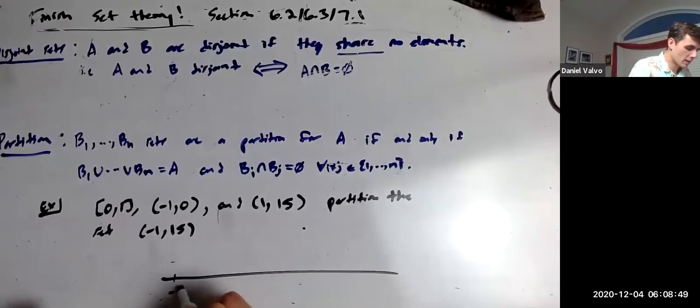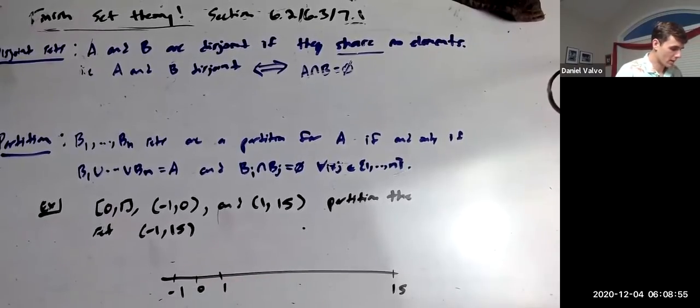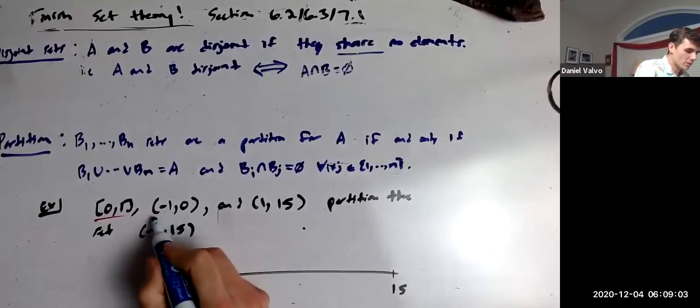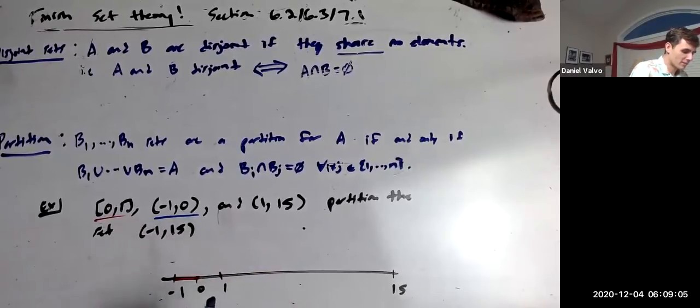The reason being, if we look at negative 1 to 15, and we have 0 and 1 in here, let's say this is red. So this goes from negative 1 to 0, including the ends. 0, 1 goes from 0 to 1, including the ends.